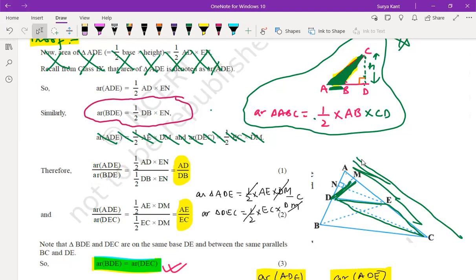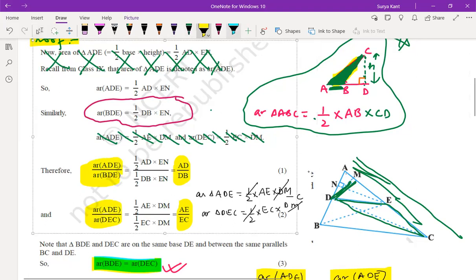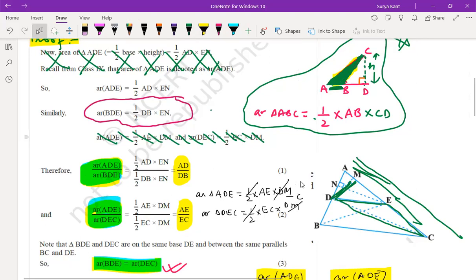So how can we say this? If this one and this one are equal, I'm writing here in green color, then obviously this will be equal too. But how is this equal? ADE and ADE are matching.